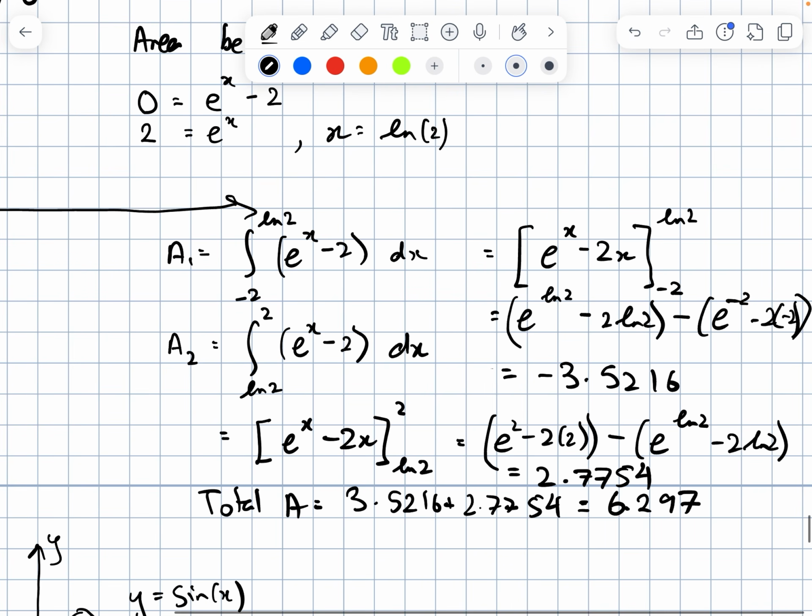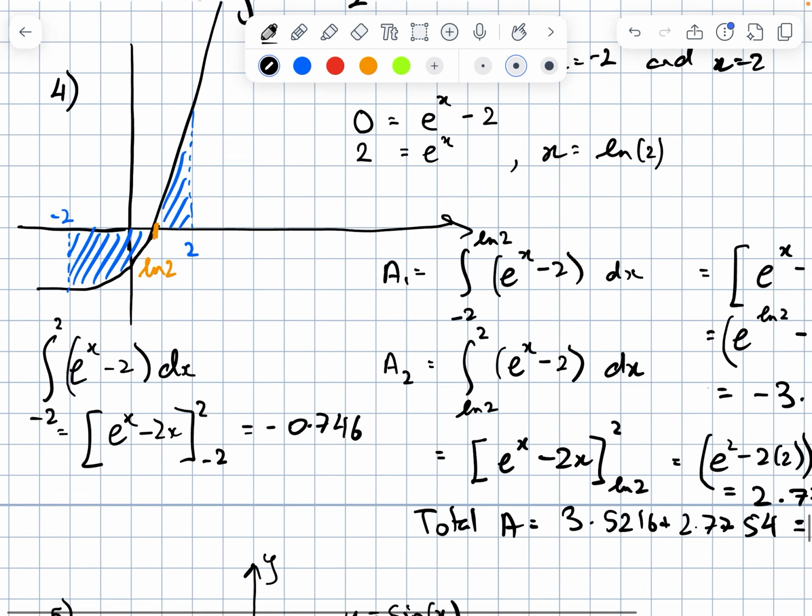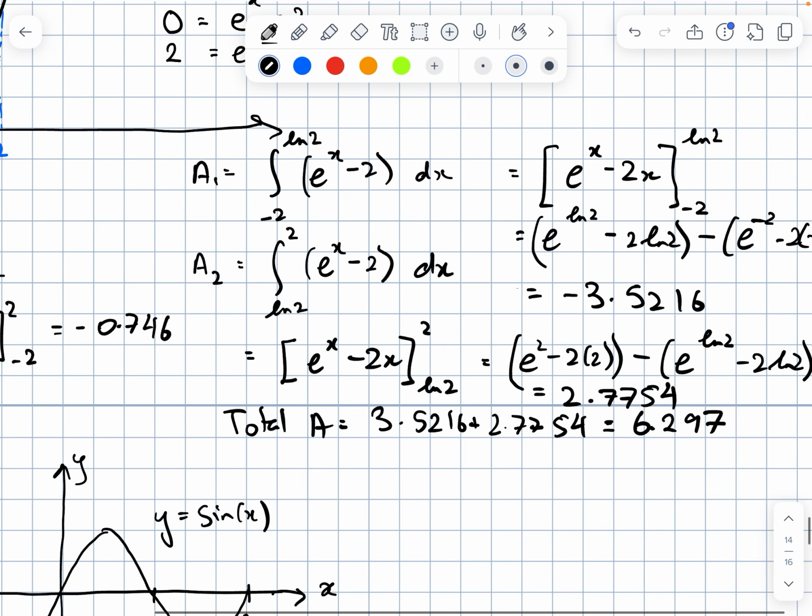Now if we had just gone straight across and done the integral between -2 and 2 of e to the power of x minus 2, just for comparison, that would have given us e to the power of x minus 2x between 2 and -2, which when you work that out in your calculator, you get e to the power of 2 minus 2 times 2 minus e to the power of -2 minus 2 times -2, or -0.746, and that is exactly equal to the original A1 but still negative, plus A2.